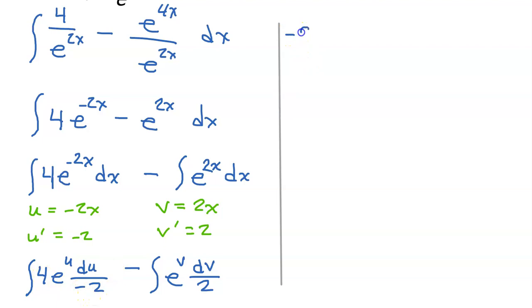So I'm going to bring that negative 2 out in the front, and I have the integral of e to the u du minus. I see this 2 in the denominator. Let's bring that out in the front as a 1/2. So I have minus 1/2 integral of e to the v dv.